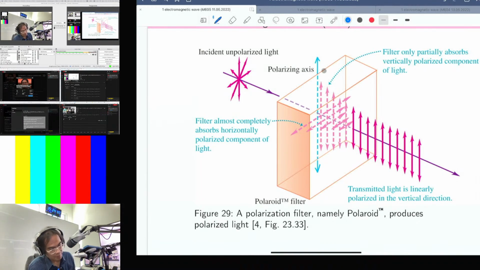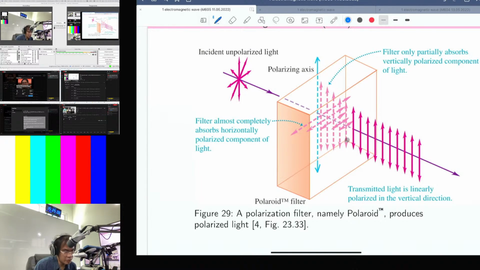If the polarizing axis is vertical like that, this filter will allow the light with only a vertical E field to be able to transmit through this layer.